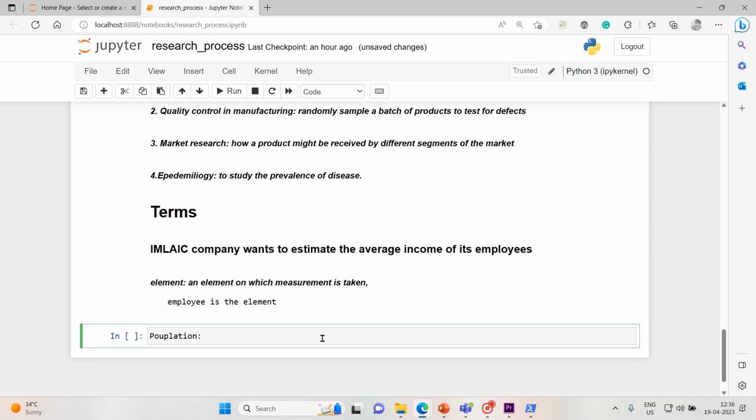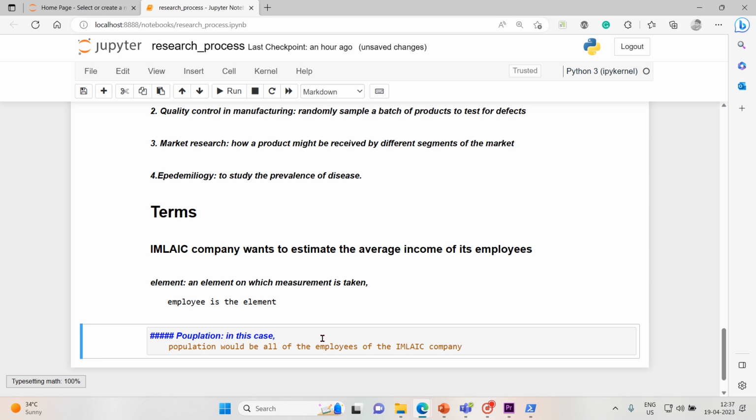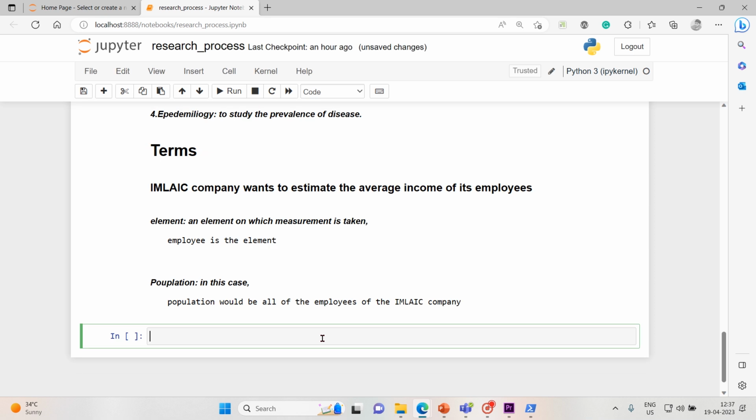In this case, the population would be all of the employees of the Imlac company. So that's the population for us.